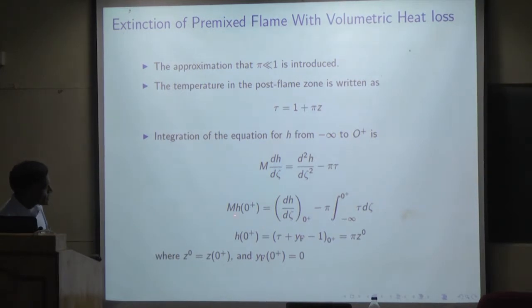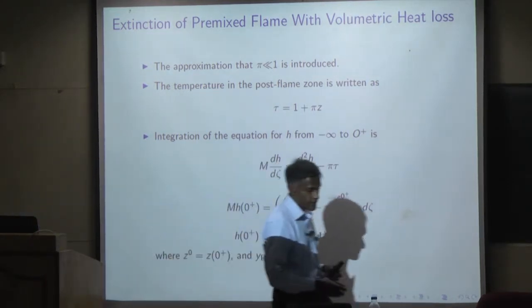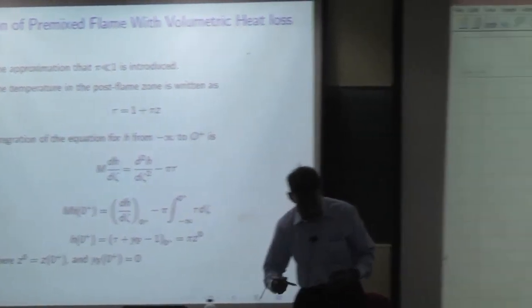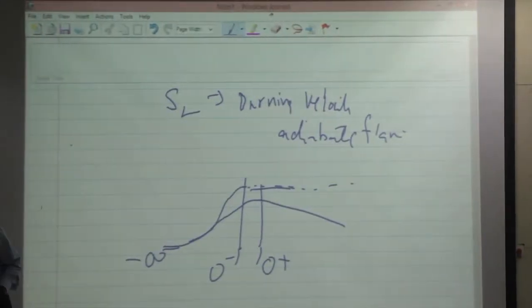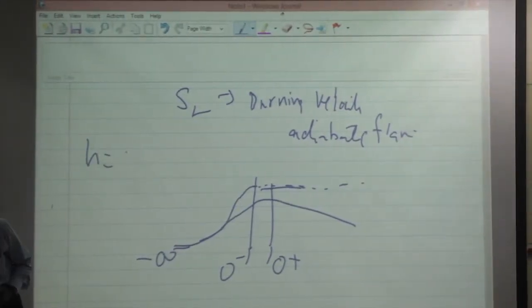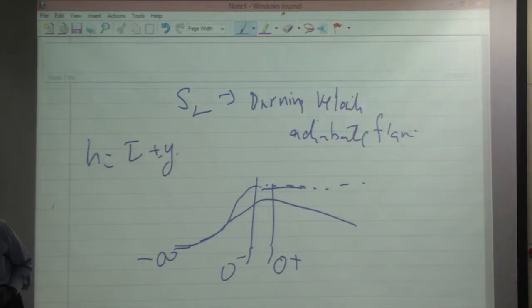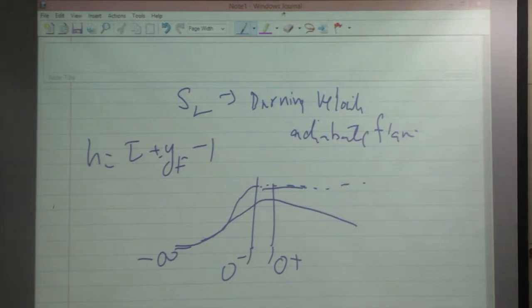Now let's look at this h plus. If you recall, h was defined as h equals tau plus YF minus 1. On this side, 0 plus, there's no fuel because the fuel is completely consumed in the reaction zone, so that goes to 0.